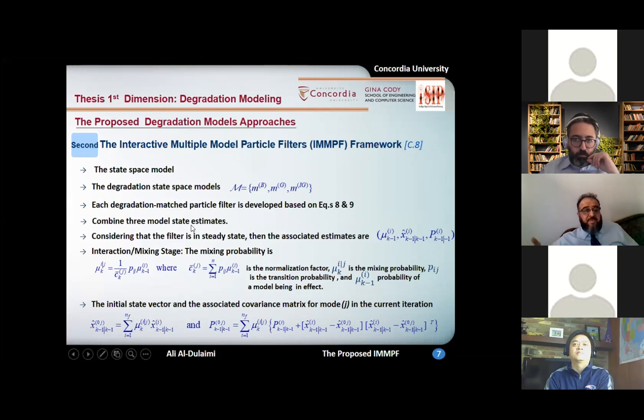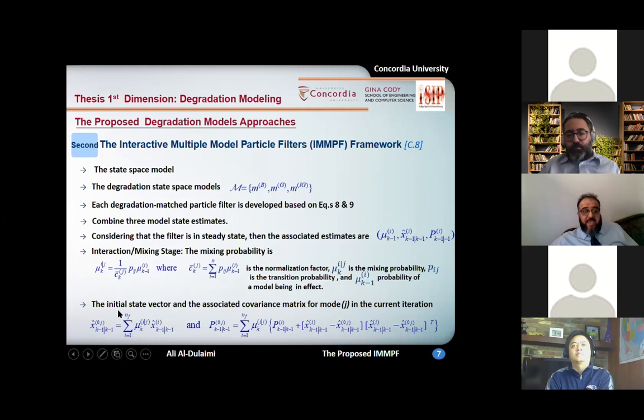After combining the three model state estimates, we have the associated estimates that we can use to start with the mixing, finding the mixing probability based on the transition probability from one mode to the other one, which is this, P sub ij.